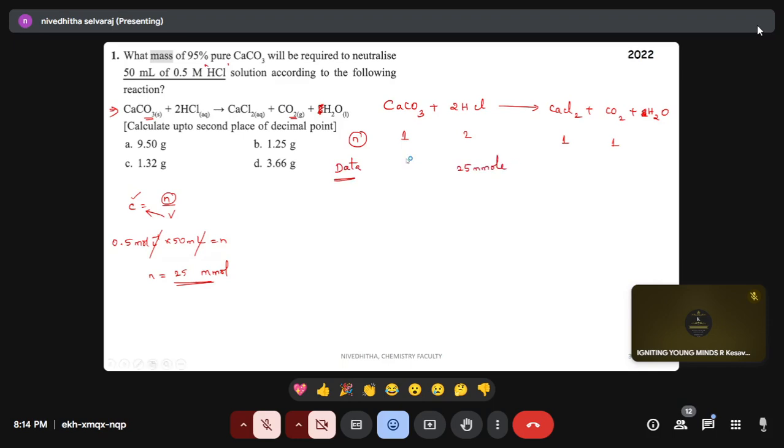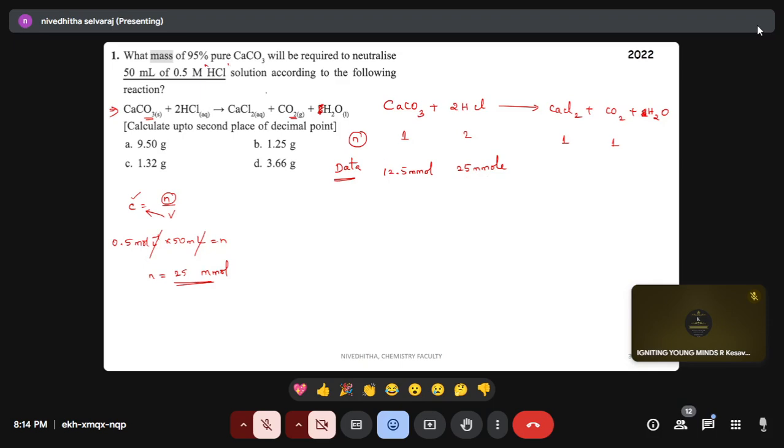So what quantity of calcium carbonate do we require for complete neutralization? 12.5 millimole, ma'am. Very good, 12.5 millimole, because the inference is that the quantity of calcium carbonate has to be half the quantity of HCl. The quantity of HCl is 25 millimole, so the calcium carbonate required for complete neutralization is 12.5 millimole.